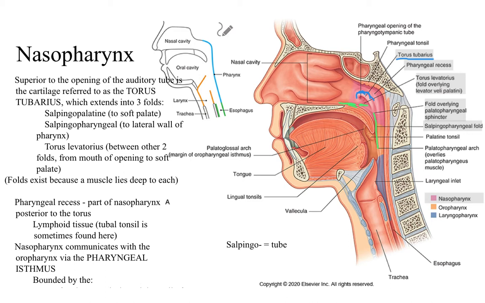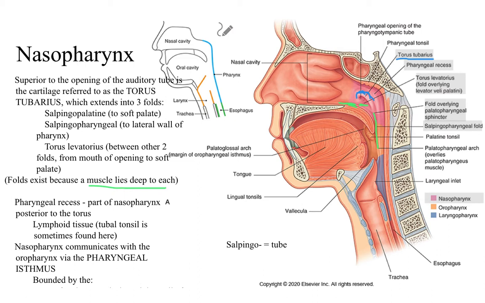And that's between the other two folds. And these folds are really landmarks, not really any specific function, and they exist because there is a muscle that lies deep to each one that's forming those folds. So the muscular wall of the pharynx has indentations of the muscles that are deep to it.